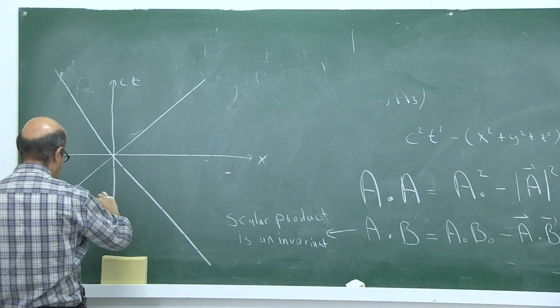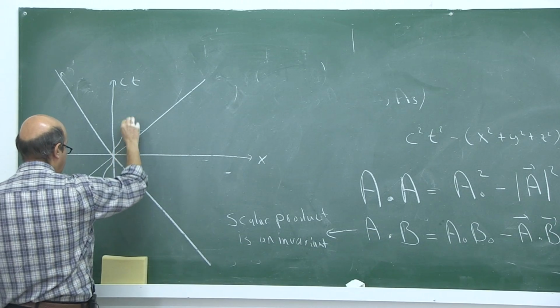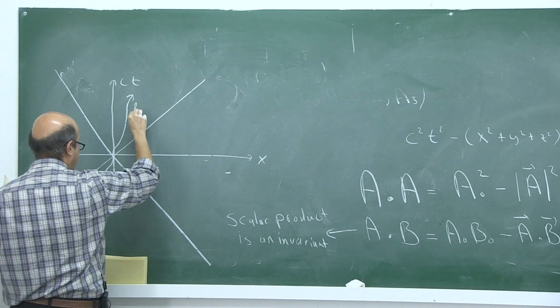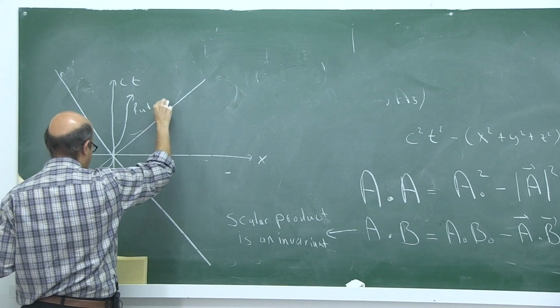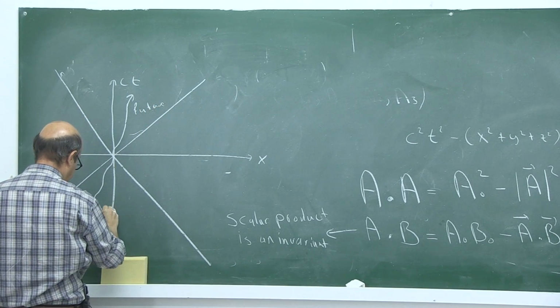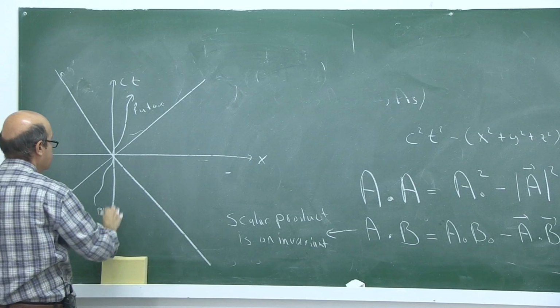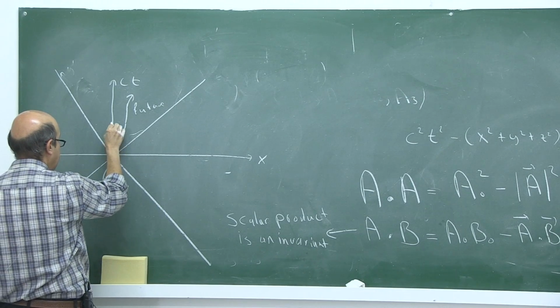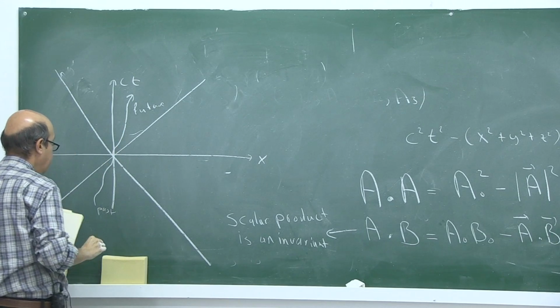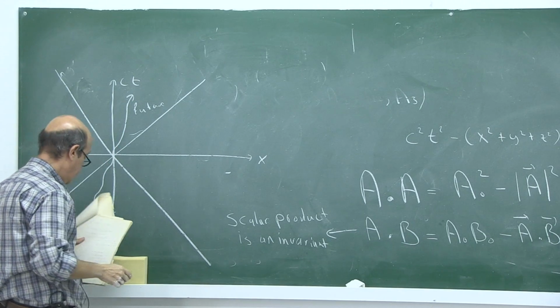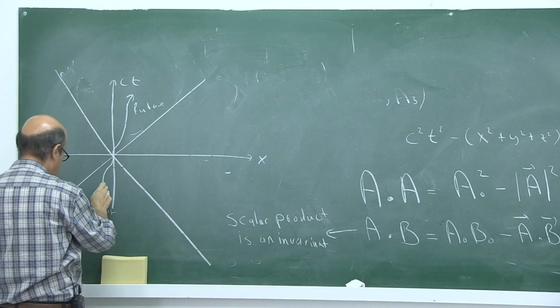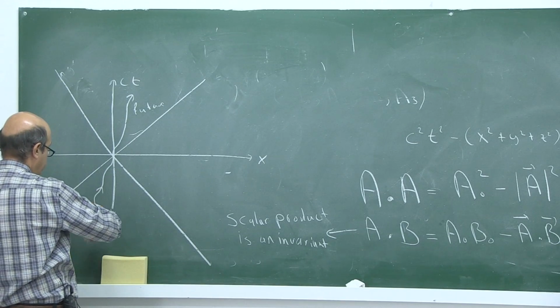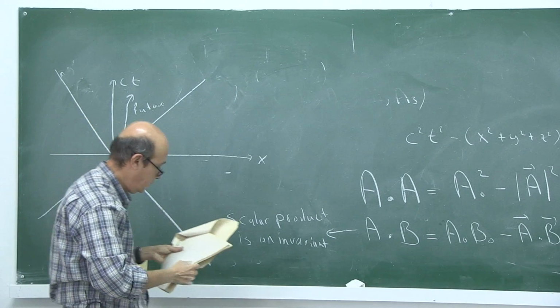So any object has a past and a future. If you are not moving, sitting here, as time coordinate goes, you are moving in the light cone in the upward direction. So all motions in the light cone are from past to future.